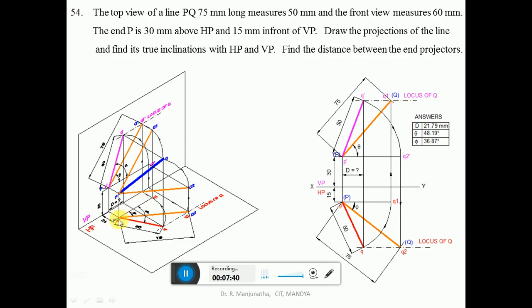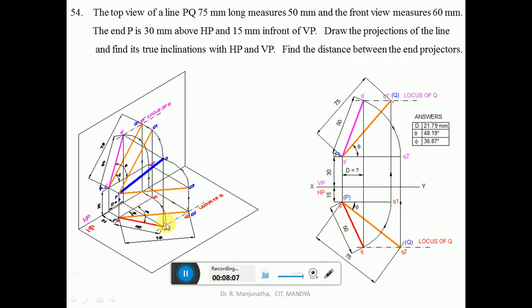So with P as center, take the radius of PQ1, draw an arc such that it cuts the locus of Q here. So you mark that point as Q. Then join P to Q with a dark line which is going to be of 50 mm length. This is going to be the apparent inclination with respect to VP, which is beta, and this will be the true inclination with respect to VP, which will be phi.